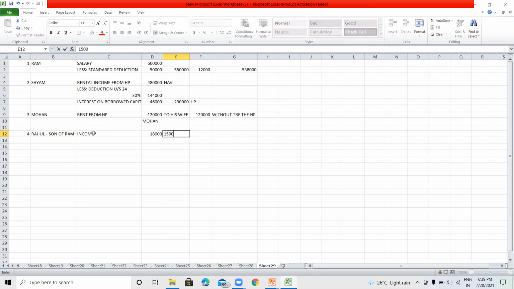After providing a reduction of 15,000 as per the provision of income tax, in the case of a minor child, the deduction of 1,500 is available. So the taxable income will be 16,500 and it will be taxable in the hands of his parent.